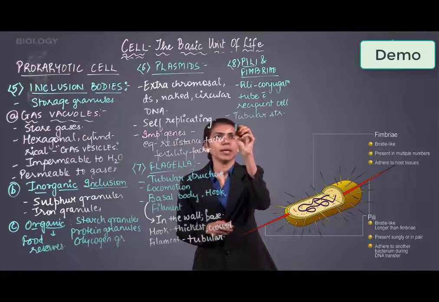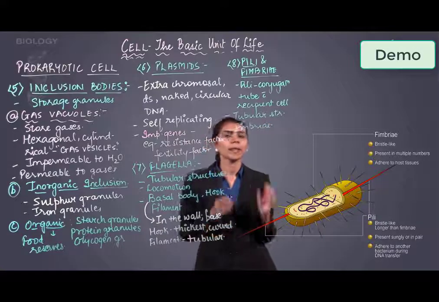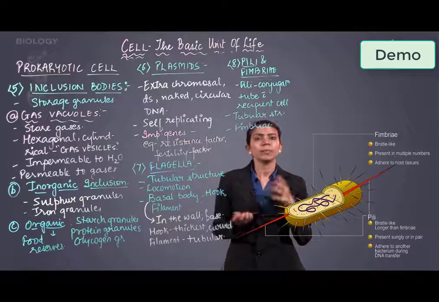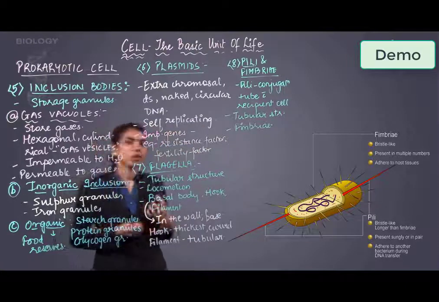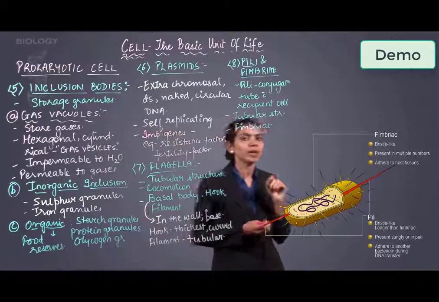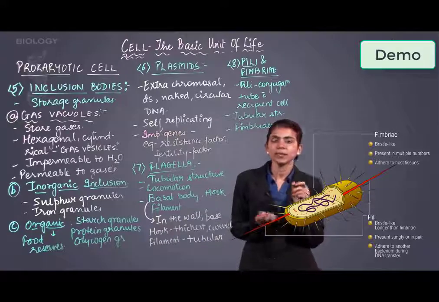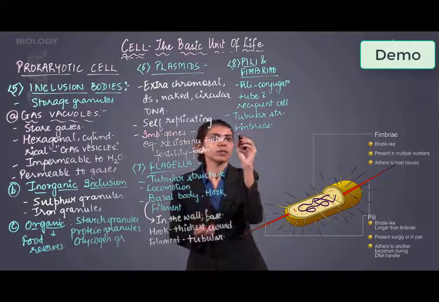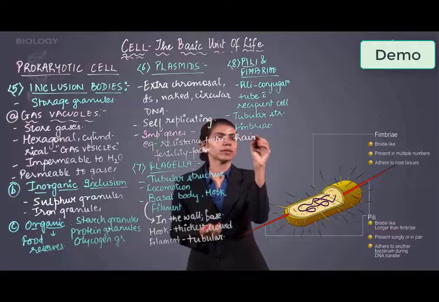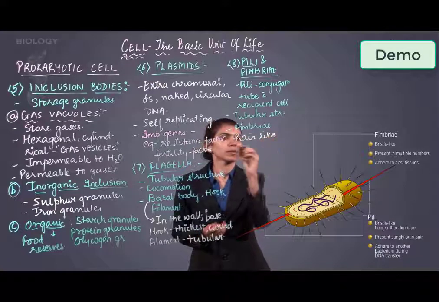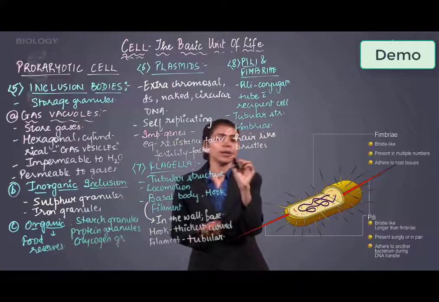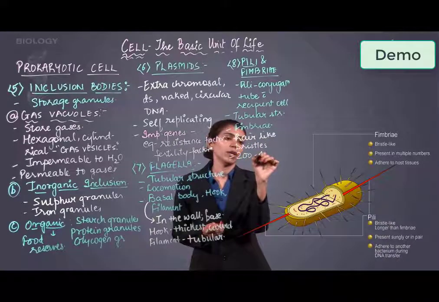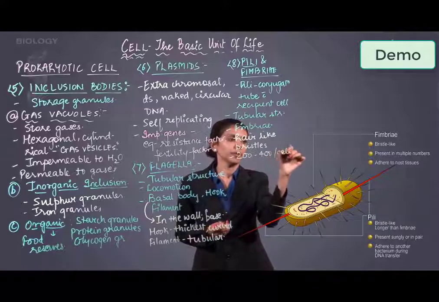Talking about the fimbriae. Now there are many fimbriae on one bacterial cell or one prokaryotic cell. The fimbriae are basically small hair-like bristle structures. So they are hair-like bristles. And there are around 200 to 400 of them per cell.